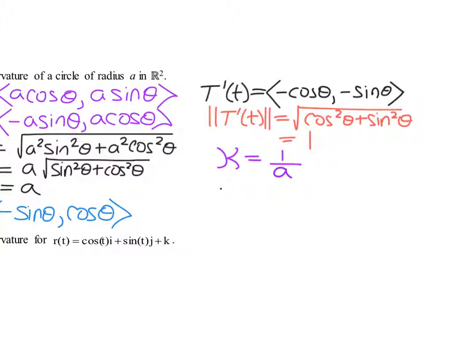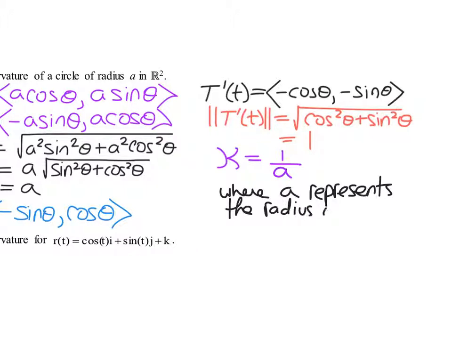Now I'm just going to make a little note here, you don't have to write this, just to bring it all together, where a represents the radius of the circle. And so what we get from this is the idea that the curvature of any circle is always going to be 1 over its radius.